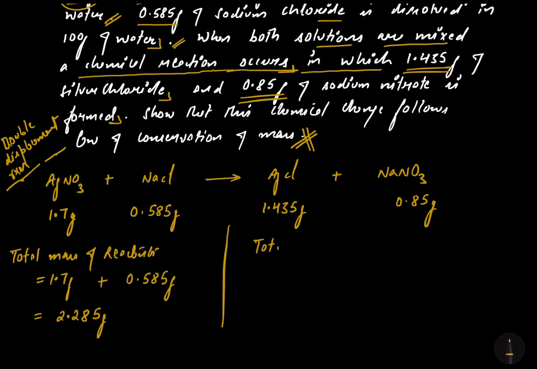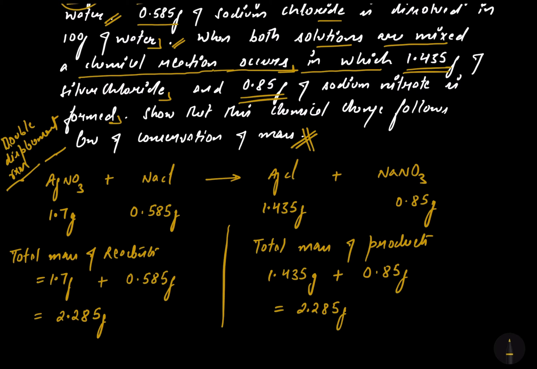Here I am writing total mass of products. It comes out to be 1.435 grams plus 0.85 grams. This answer comes out to be 2.285 grams.